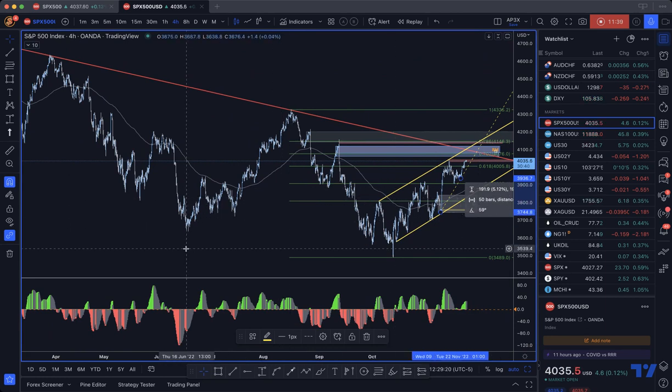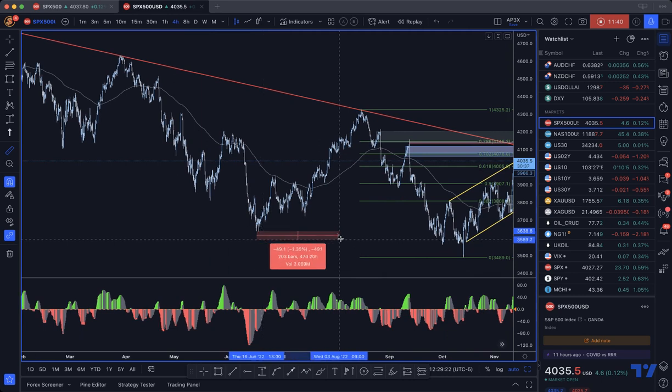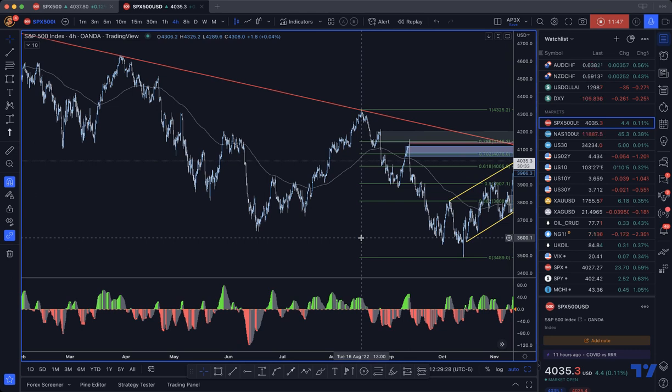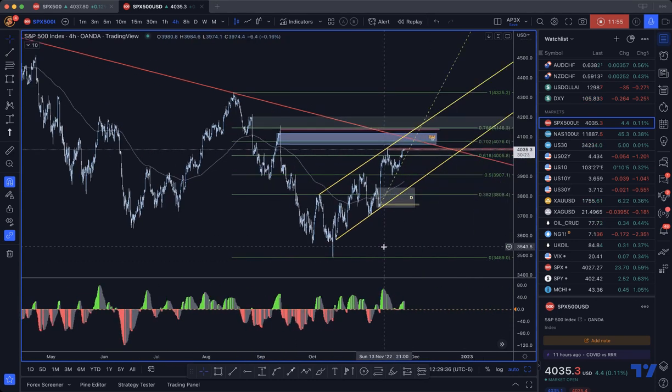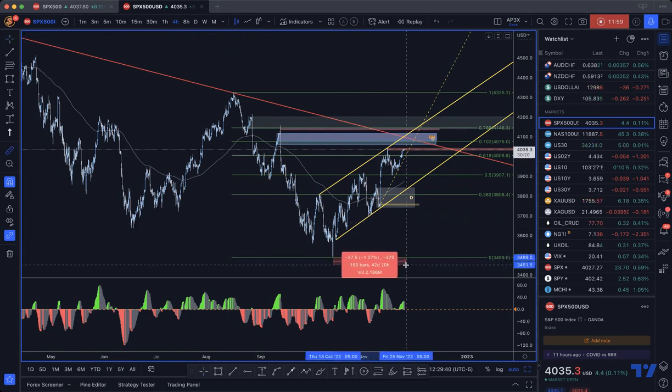How long is this? So this took 61 days, so 2 months, and then it was followed by 2 months worth of sell off. So if this is 40 days, so this is 1.5 months.